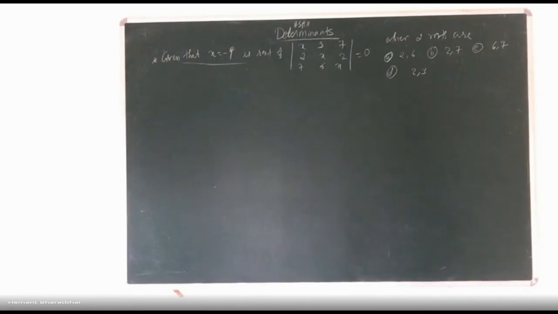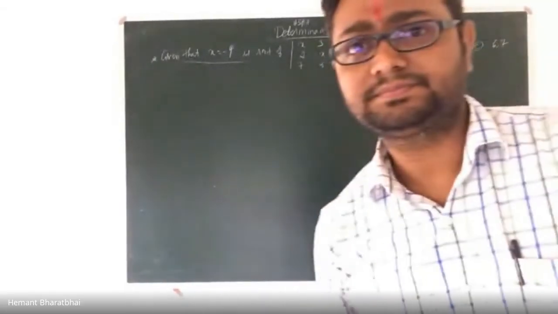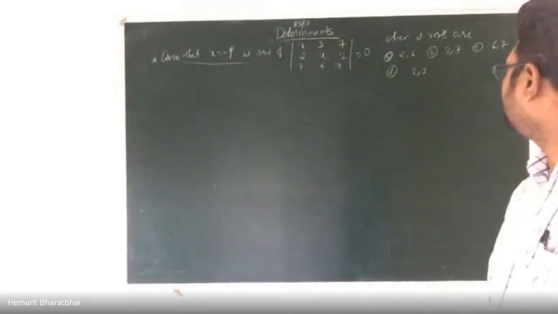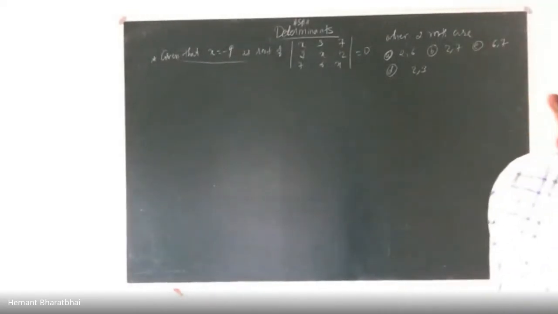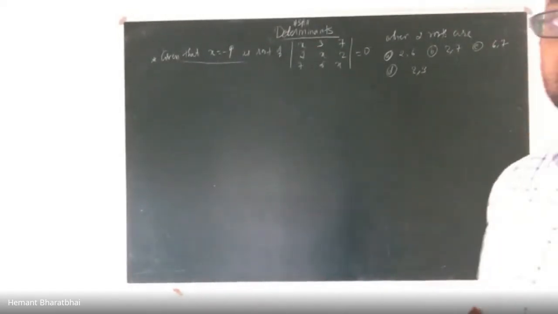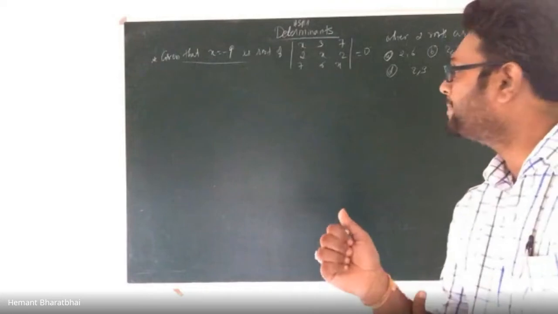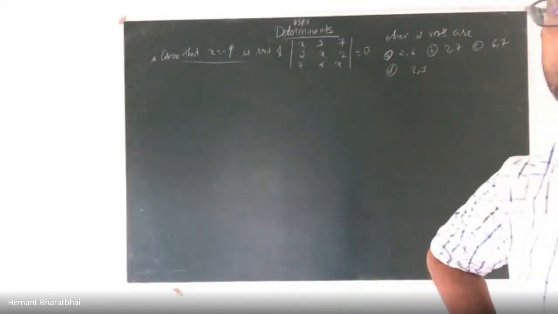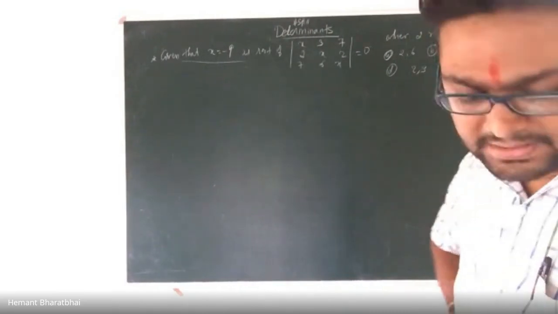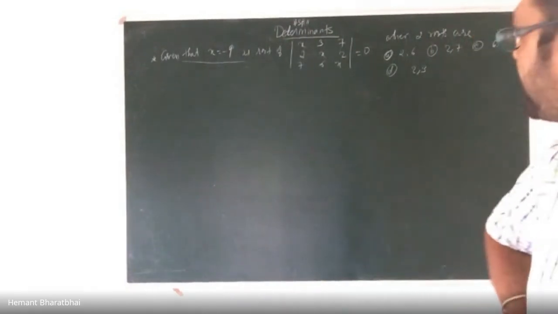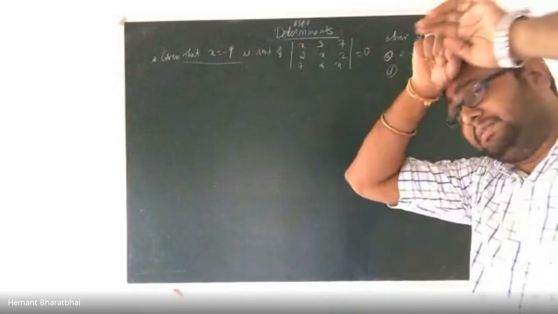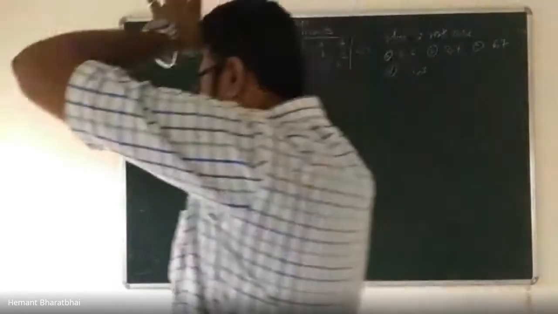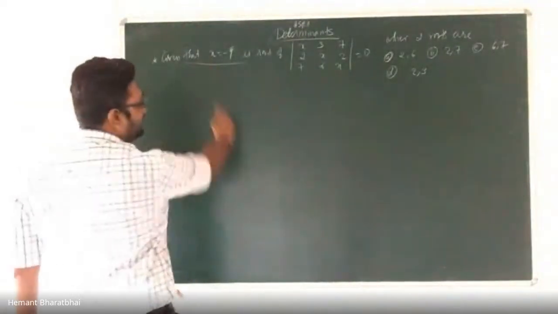Got any option, any answers? A, B, C, D. This was a very simple one, that is why I just gave you to give it a try. Any answers? 2, 7. Very good. It is 2, 7. It was simple. If you solve, you will get a cubic equation and one root is already given.